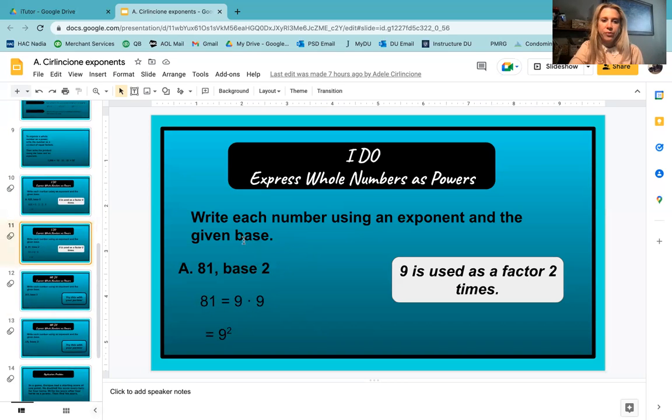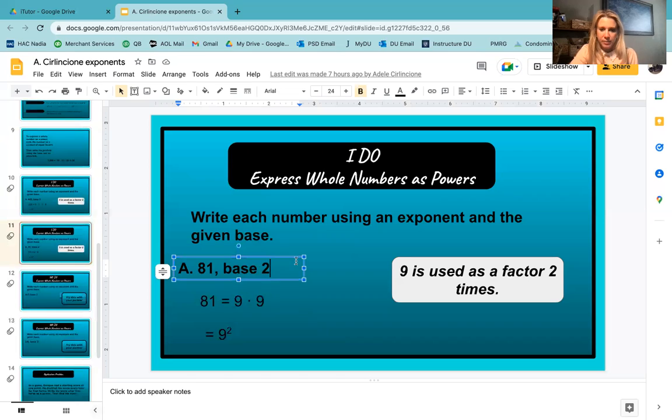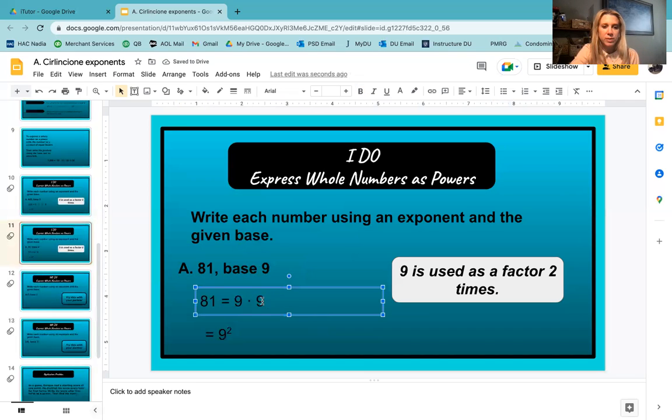Let's try another one. Write each number using an exponent and the given base. Okay, so I've got 81 and base 2. I already noticed an error here. This should be base 9, right? Can I have 2 as a base? No, I can't. I can't have 2 as a base here, but I can have 2 as an exponent, right?